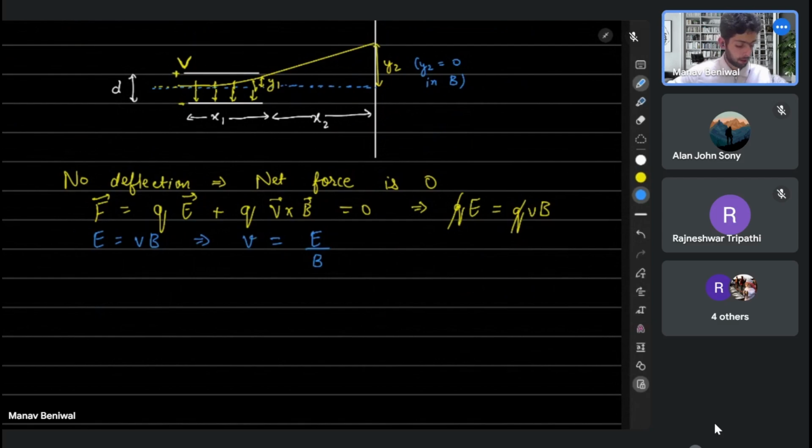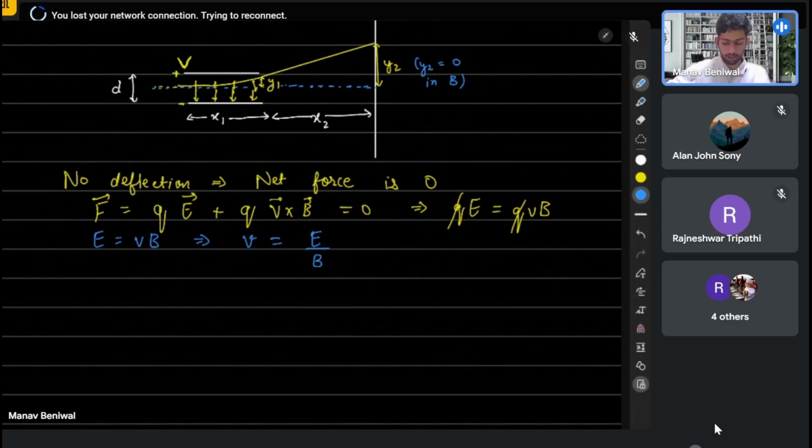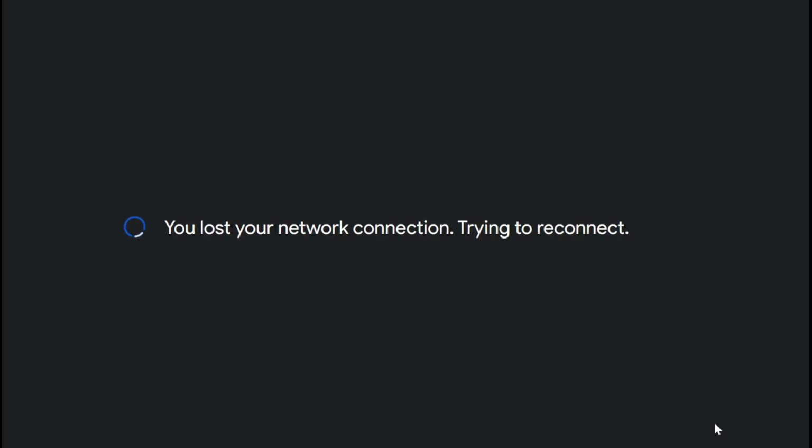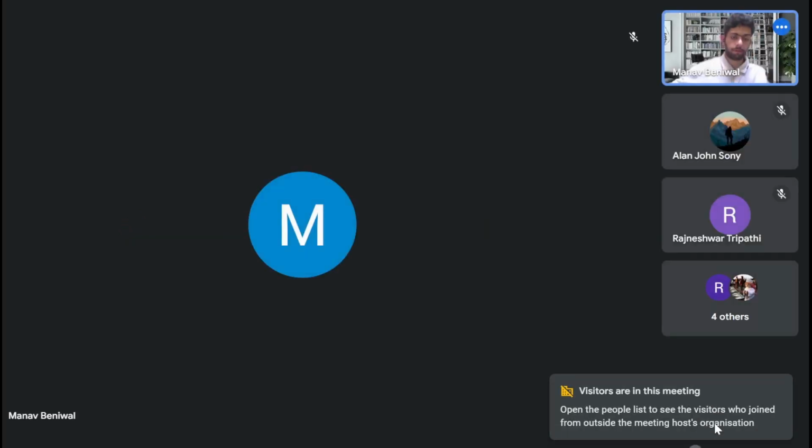Now we are given both the values, so E will be nothing but V by D multiplied by B here, and we can just plug in the values. V is given to be 1500, D is given to be 0.03, and B is given to be 1.1 into 10 to the power minus 3 Tesla.